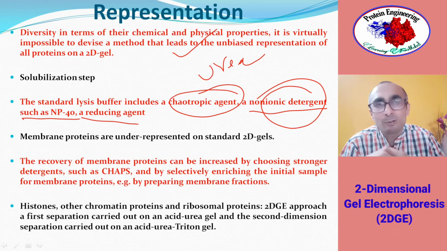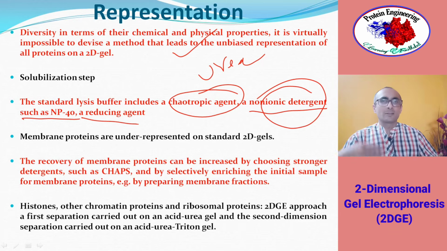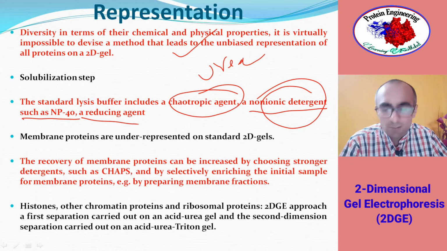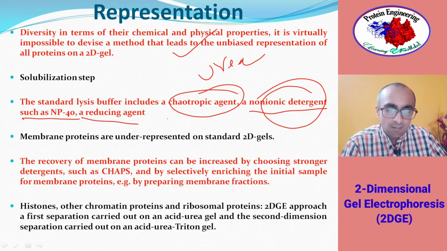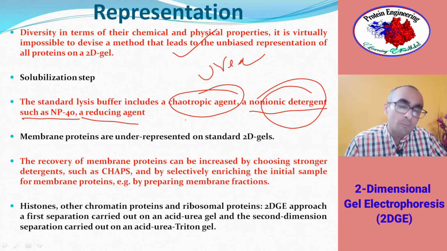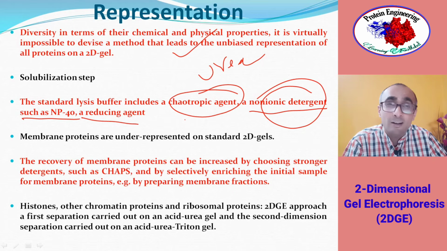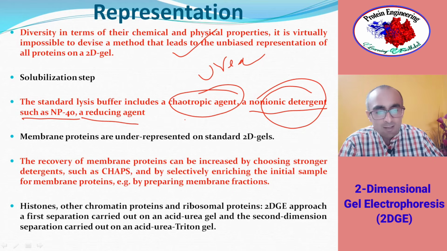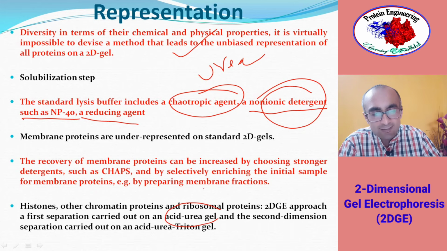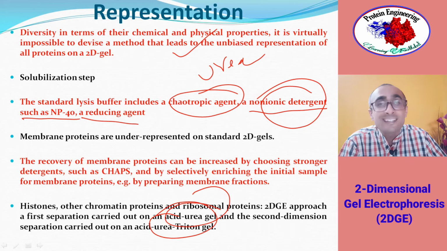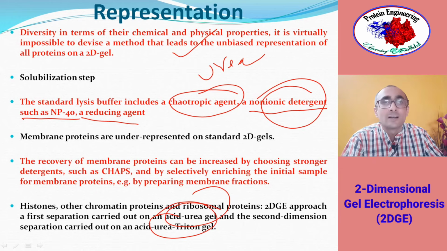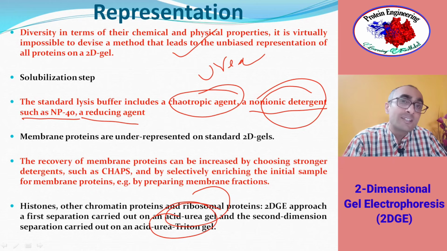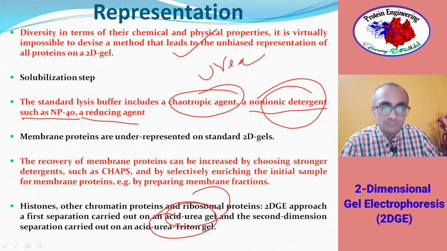So the membrane protein can be separated in comparison to the cellular proteins. Histone proteins and ribosomal proteins have very high pI value, they are highly basic. For them, acid urea gel and acid urea Triton gel are specifically used to visualize them in 2DGE.